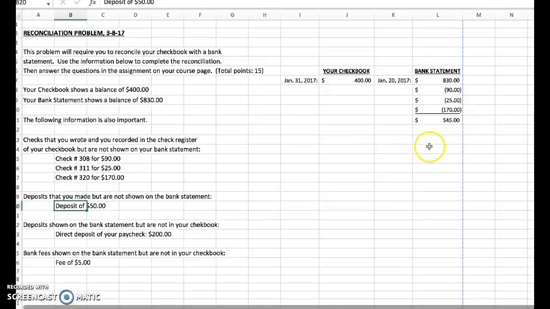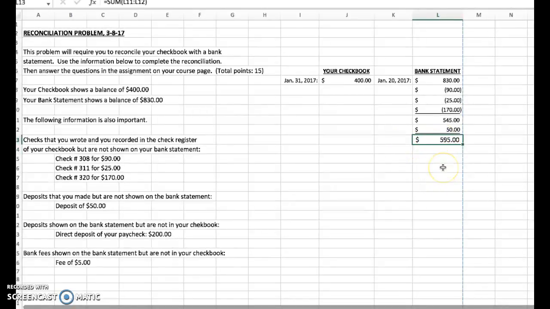So it's in the bank, but it's not shown on the bank statement. So in this case, you need to add to the bank statement because you know that eventually the bank will get that caught up. They have your money. They're going to add it to your balance. So we put 50 here, and we will add to the adjusted bank balance. And that gives a total of $595.